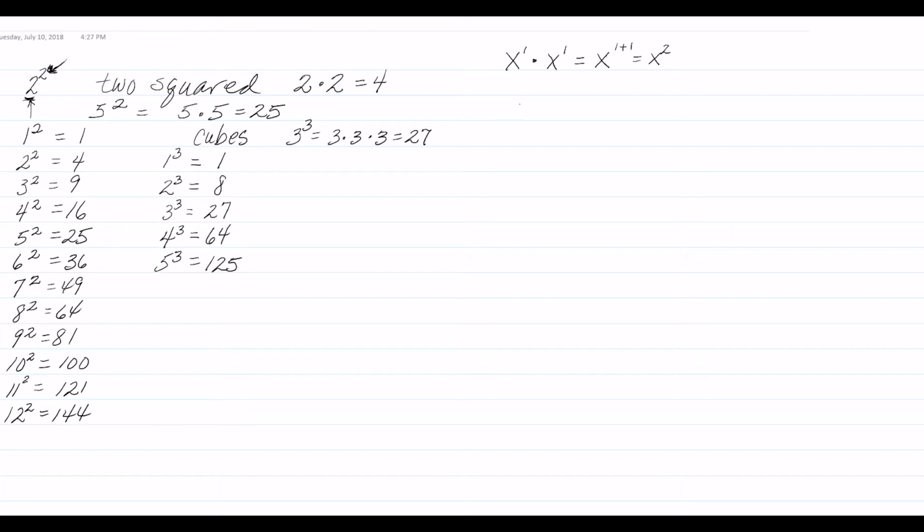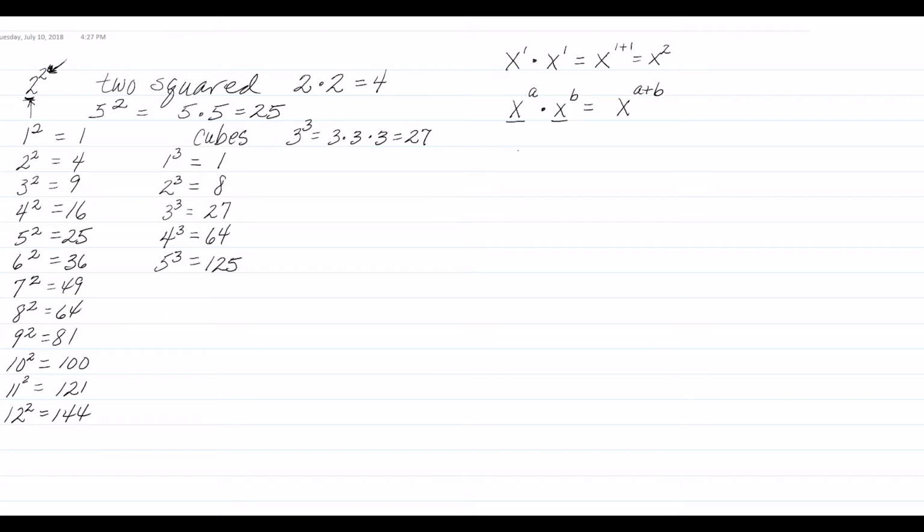So in general, our rule for multiplication of like bases says if we have x to the power a times x to the power b, since we have the same base, the base of x, we keep our base and we add our exponents, so we'll get x to the a plus b.